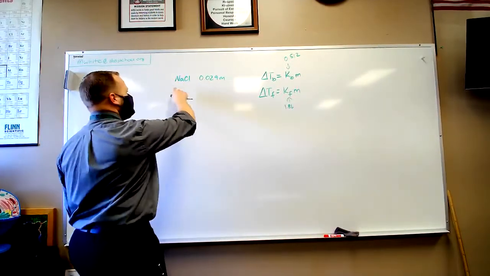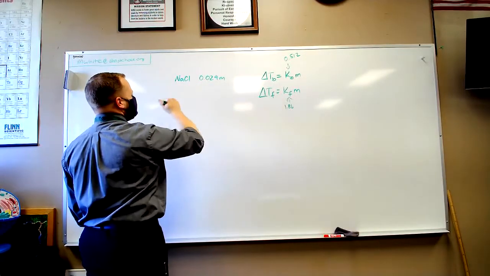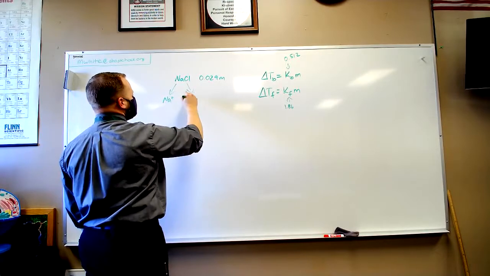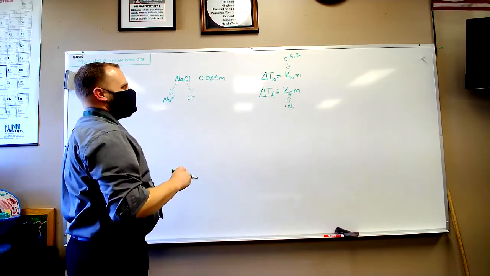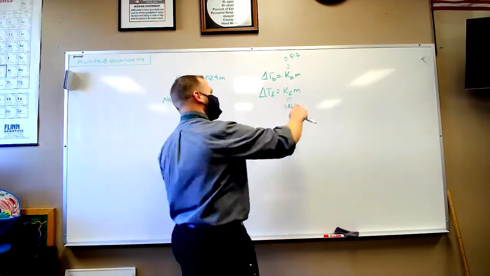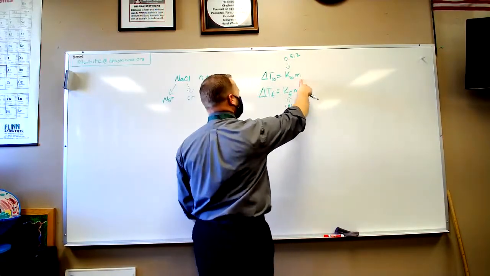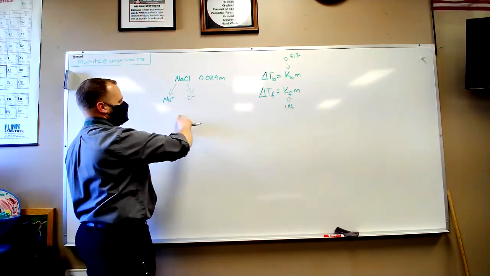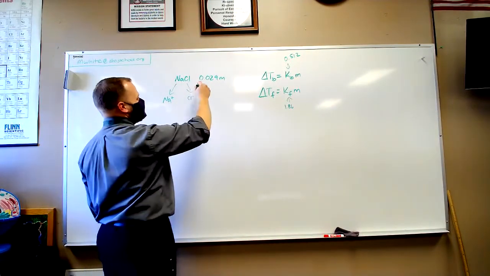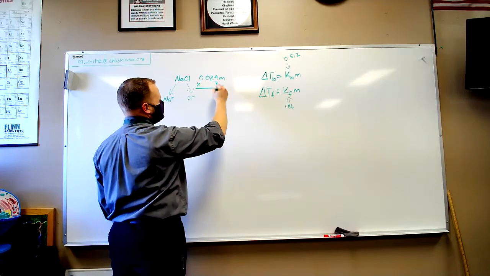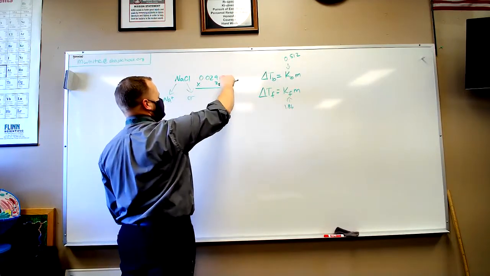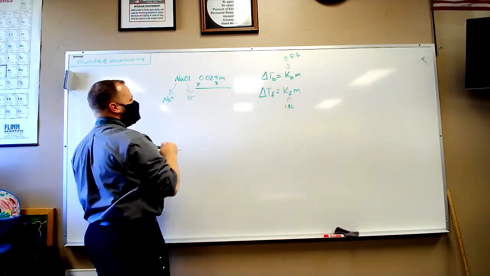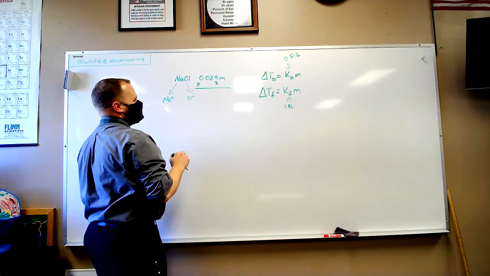So when we look at sodium chloride, it's actually going to break into two different particles. So our molality that we have to put in here depends on how many particles. So we take this, multiply by 2. Take whatever your molality is, multiply it by however many particles are in your ionic compound.